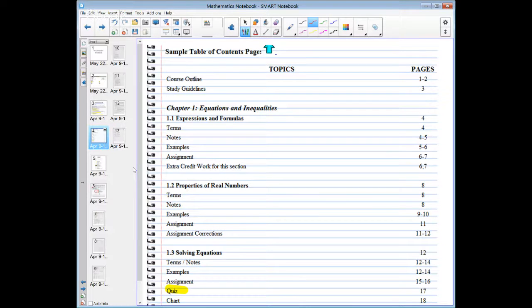And the idea is after each chapter, you should have your notebook up to date. So at the end of chapter 1, have this thing going to the end of your table of contents. Submit it electronically, and then I get it back to you and you continue working on it.